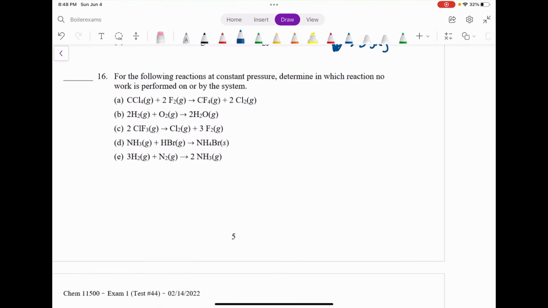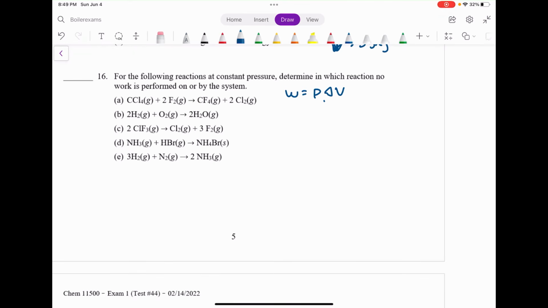16. For the following reactions at constant pressure, determine in which reaction no work is performed on or by the system. Okay. So, thermochem again, we know that PV work exists.